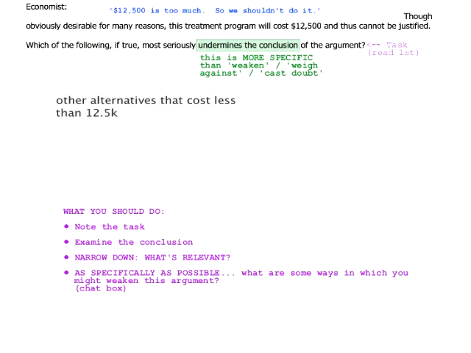So this goes the wrong way. This actually strengthens the argument. Because remember what you're trying to do is say we should not do whatever program it is that we're talking about. So if there are other programs that are cheaper than this, whatever the program is, this means that this is even less justified than otherwise.